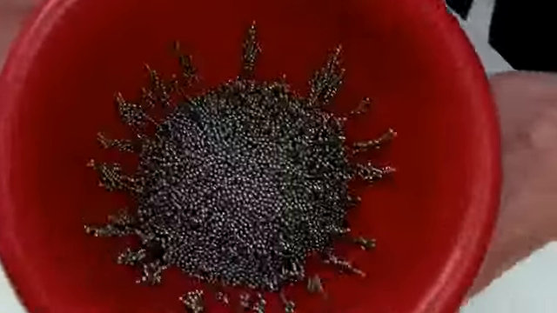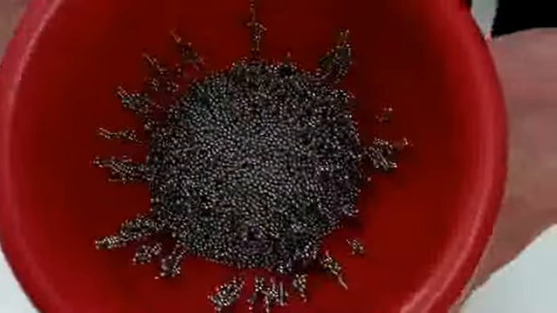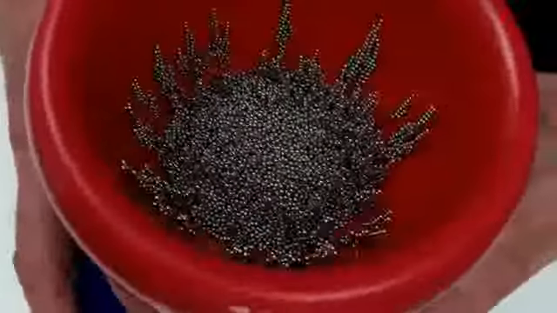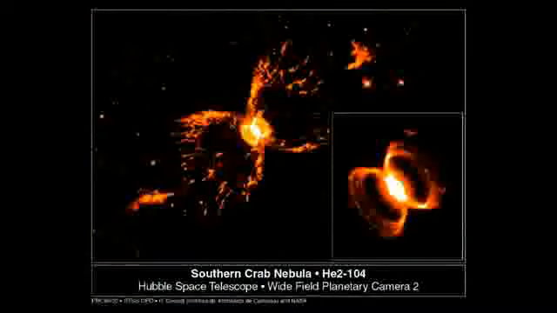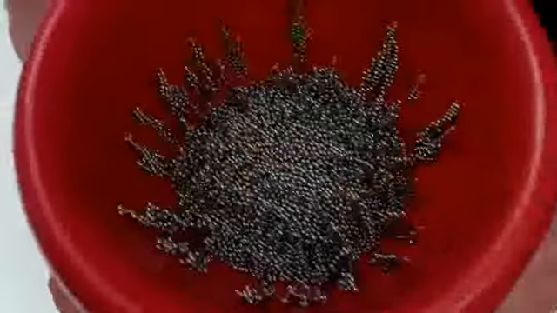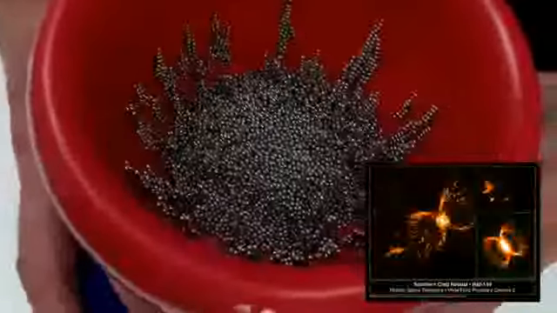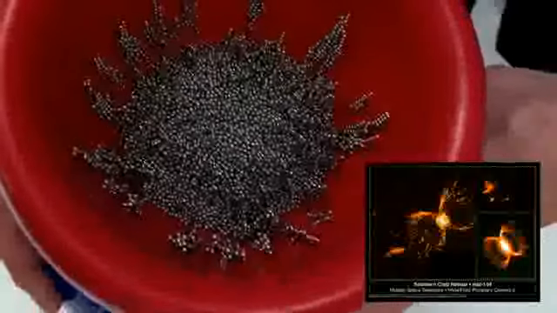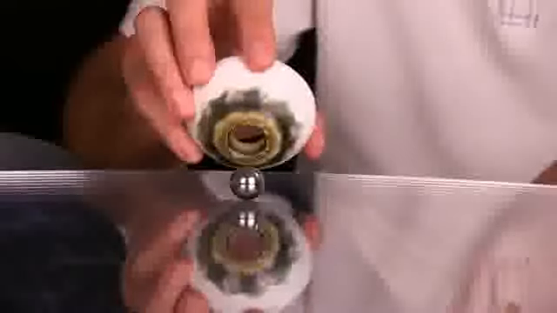We saw how pouring 2mm steel balls into one of these magnetic bowls revealed the true forces at work in the Southern Crab Nebula. It was shown how these bowl-shaped magnetic fields will repel non-magnetized steel balls away from the bottom of the bowl in line with the axis.